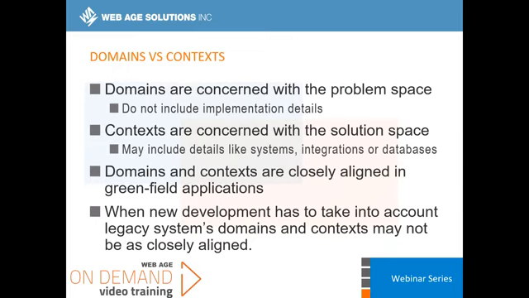When I have to take some sort of a legacy monolith into consideration, then there may be a more complicated context and domain mapping, and so the alignment may not be as readily apparent or as useful or as appropriate as we would like them to be.